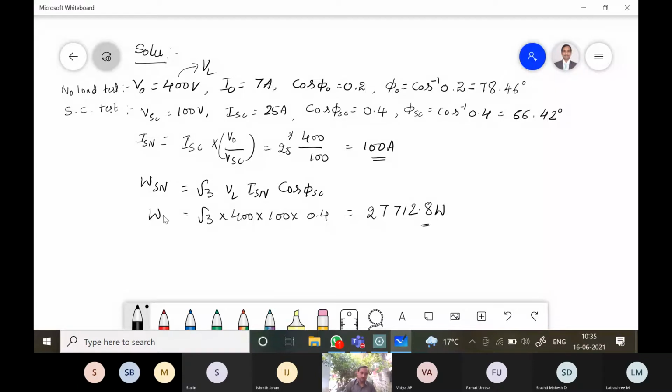What is WSN? The short circuit power under normal voltage. So choose the current scale. 1 centimeter is equal to 5 ampere.